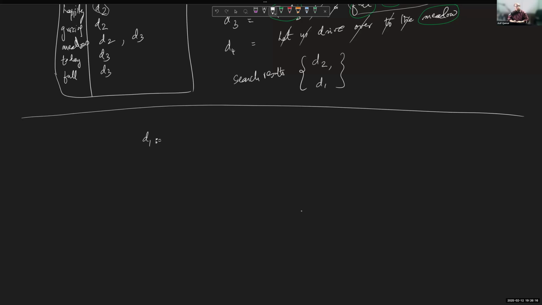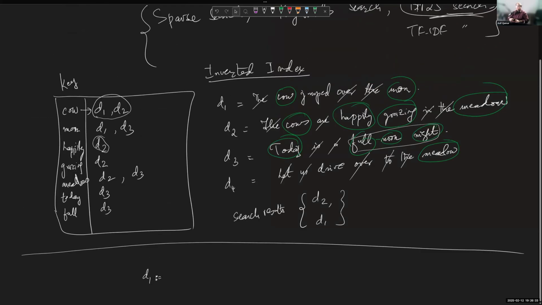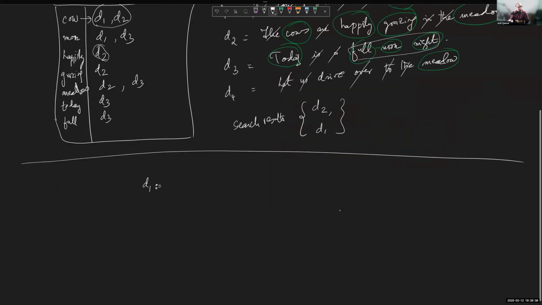Take it as a text. A more appropriate wording would be to say these are texts. So let us say that there is a text here. We have these texts, and actually let me take some extreme text. We say, the happy cow was grazing in the meadow.